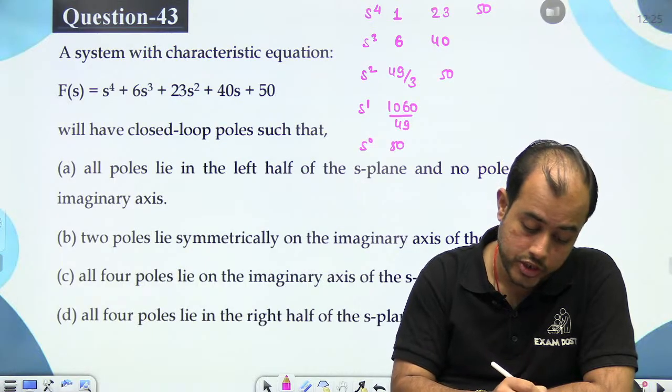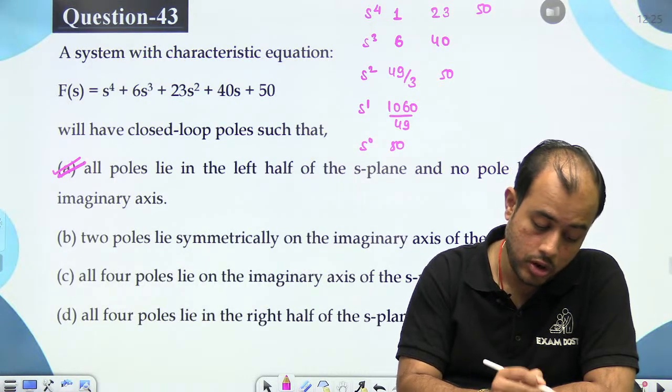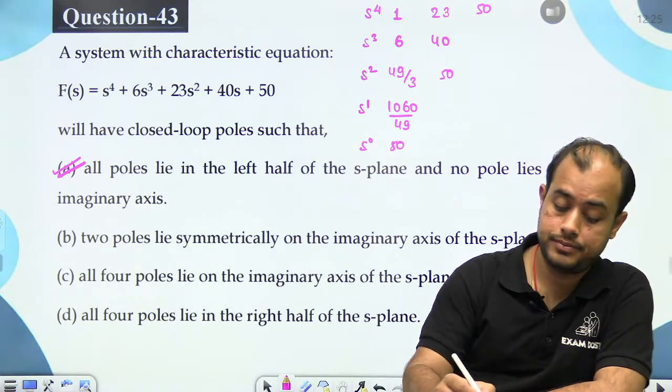So all coefficients positive, all poles lie in the left half.